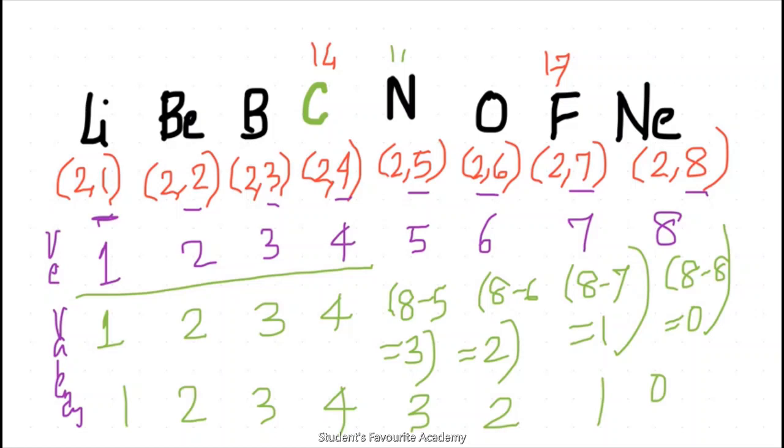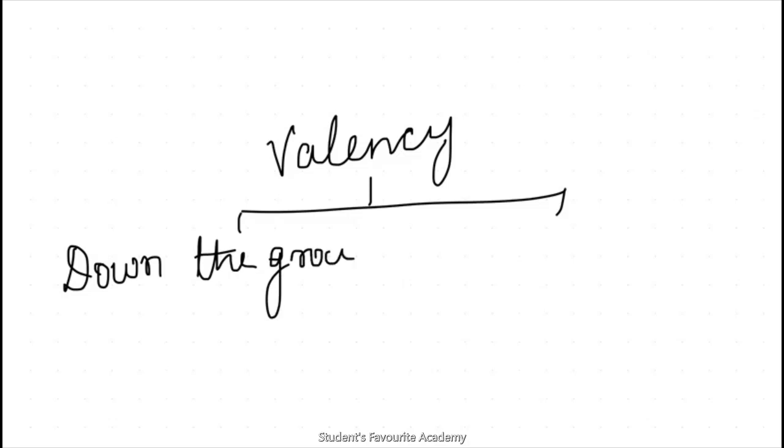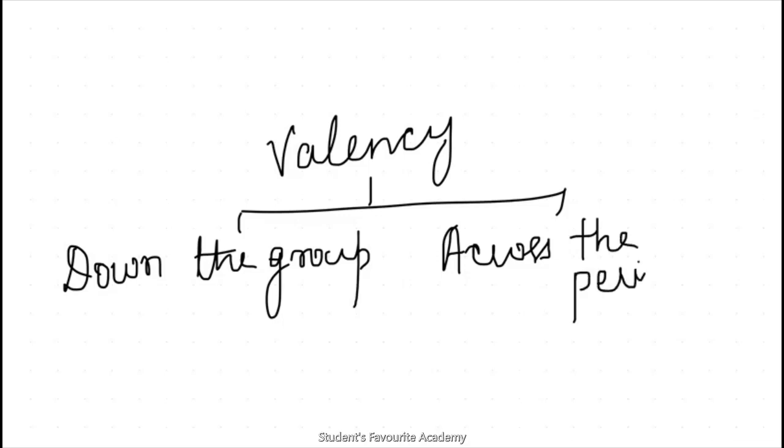So to conclude, children, what can we write? I'll be writing like this: what happens to the valency? We are having two things. One is down the group and the second one is across the periods. So what is happening down the group, children? Down the group, first of all, what did we see?